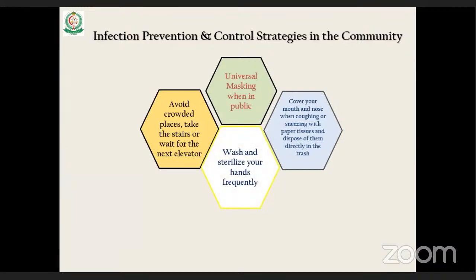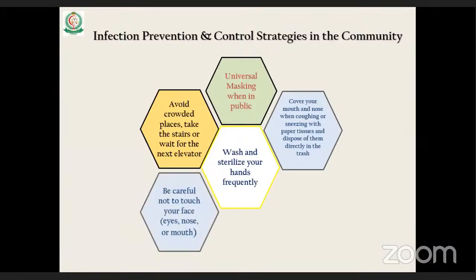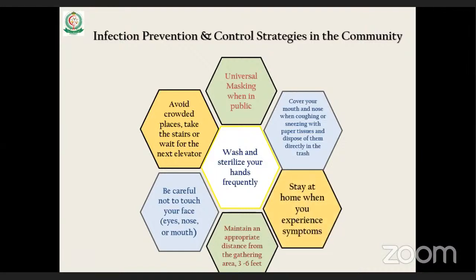Always wash or sterilize your hands frequently, especially if you touch a potentially contaminated area. So never touch your eyes, nose, and mouth before you wash your hands. Maintain appropriate distance between you and others, like 3 to 6 feet. Stay home when you are sick or have respiratory symptoms. And don't forget, we are in influenza season, so please make sure that you take your influenza vaccine.